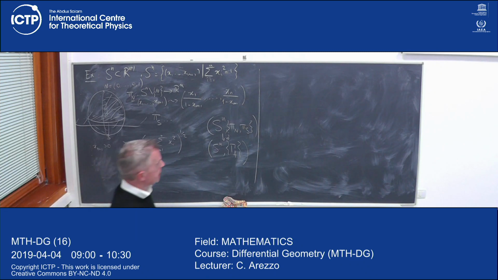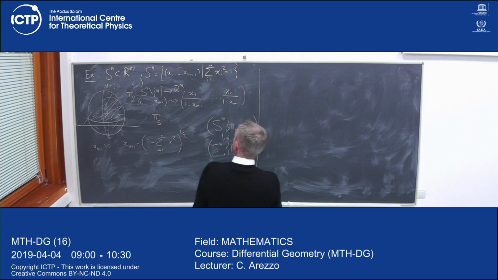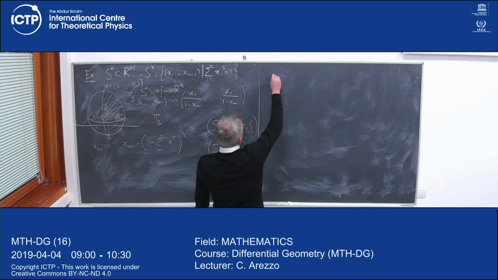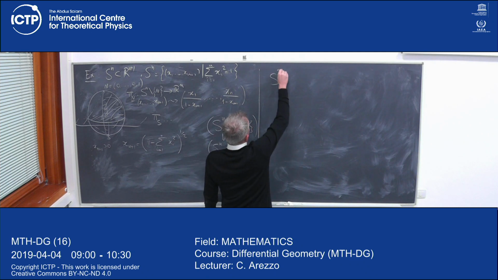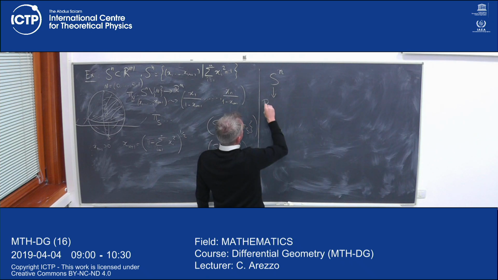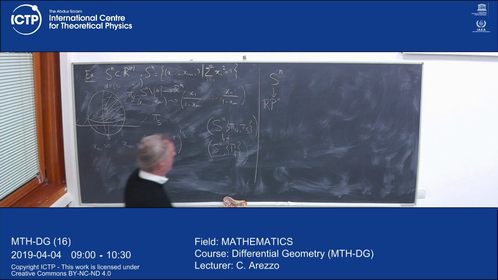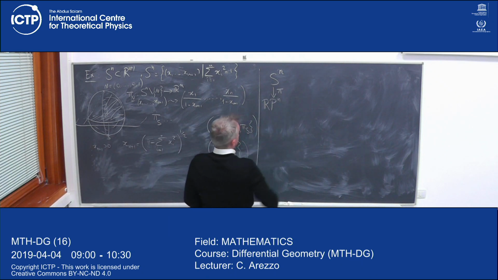So let's be a bit more precise. What is the real relationship between the sphere and the projective space? It is the following. The sphere covers the real projective space. In which sense? You say it's a quotient. The real projective space is a quotient via a map pi.